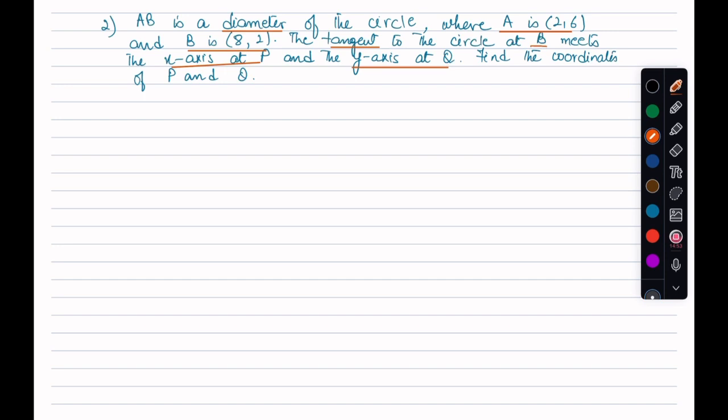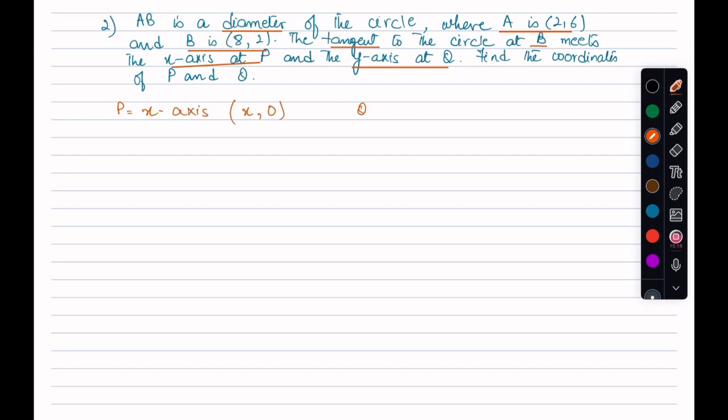So we know for the x-axis, the y-coordinate is 0. So P has coordinates (x, 0), and this is the point P, which lies on the x-axis.